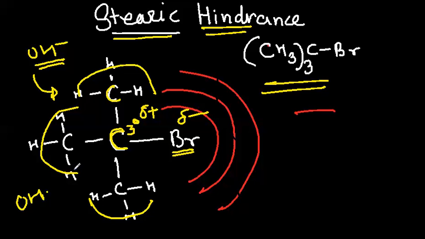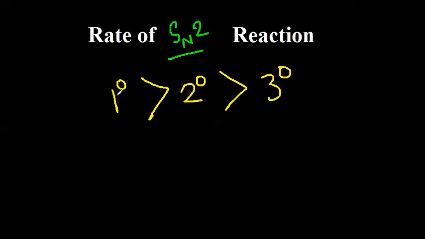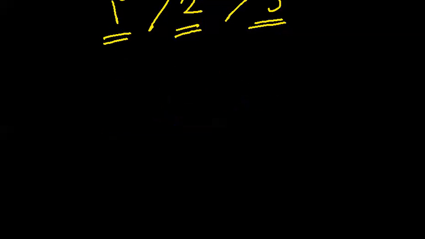That is why when they ask the rate of a reaction, we can say the rate of an SN2 reaction is maximum for a primary, then for a secondary, and least for the tertiary. It's maximum for primary, and it's obvious because as we had taken that example of methyl bromide, it's very easy.